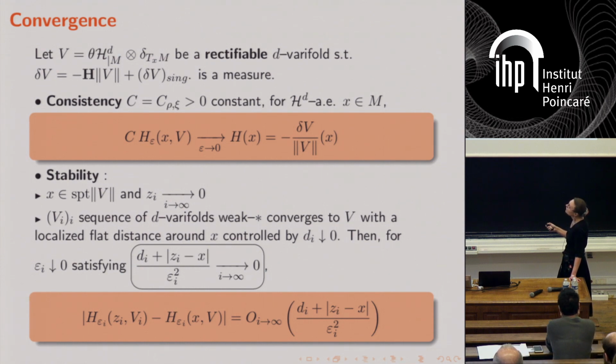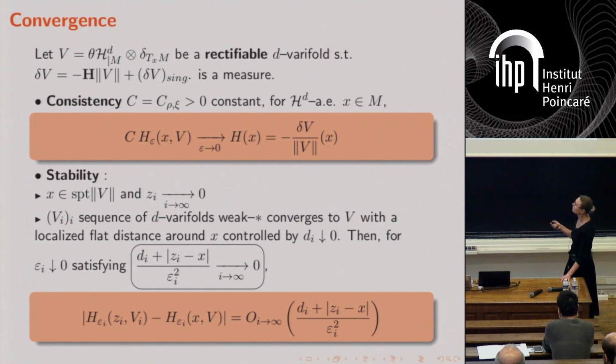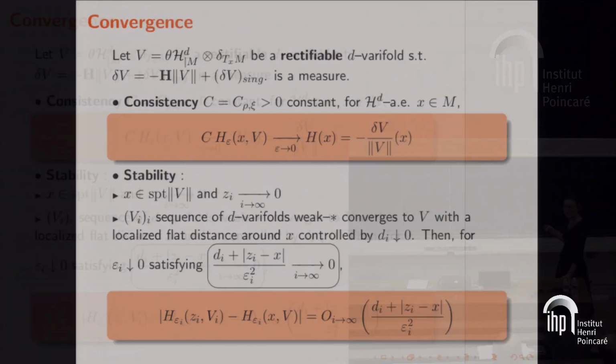And here you have a term that encodes the fact that in flat distance your discrete object and limit object are close, but it's not directly the flat distance, it's a kind of localized flat distance. You have to redivide by the local mass. It's a bit technical to write, that's why I didn't write it. And under this assumption, you have some stability property. And here is hidden the flat distance term.